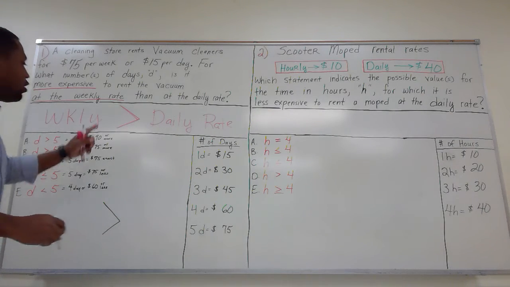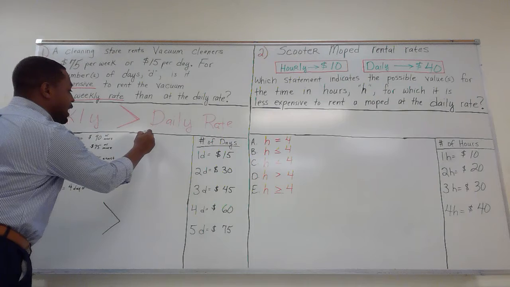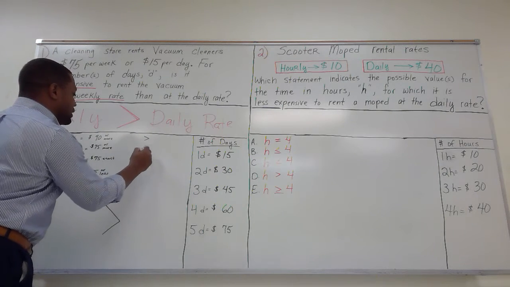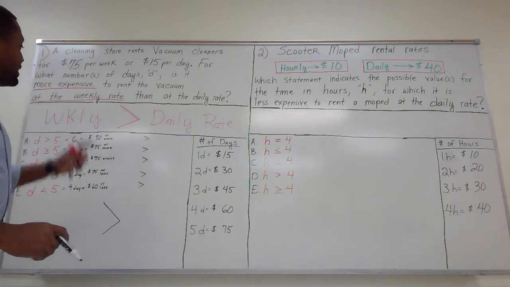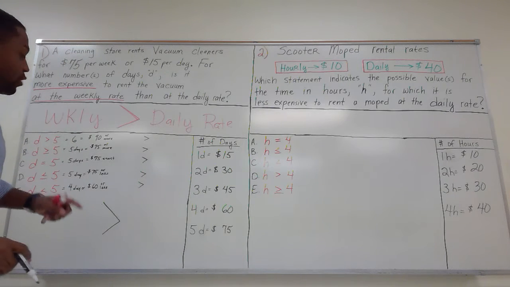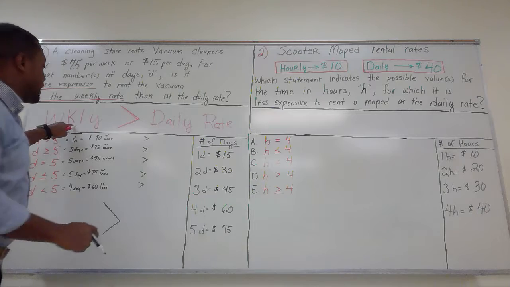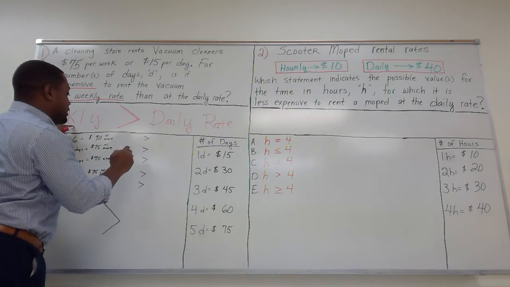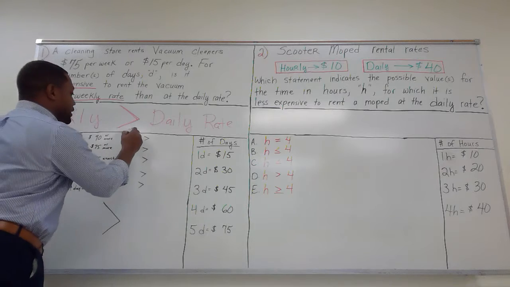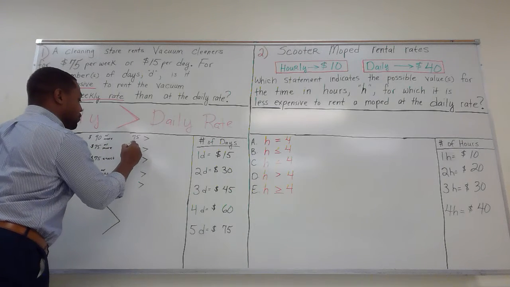I'm going to take that same sign and give myself one for each option, knowing that the weekly rate is going to be on the left side based on how I've written my sentence out, and the weekly rate is 75.